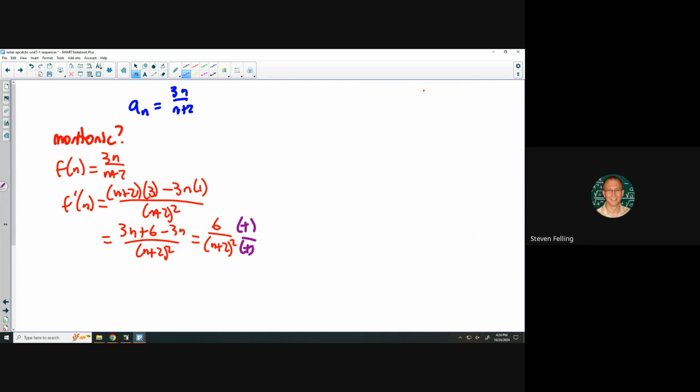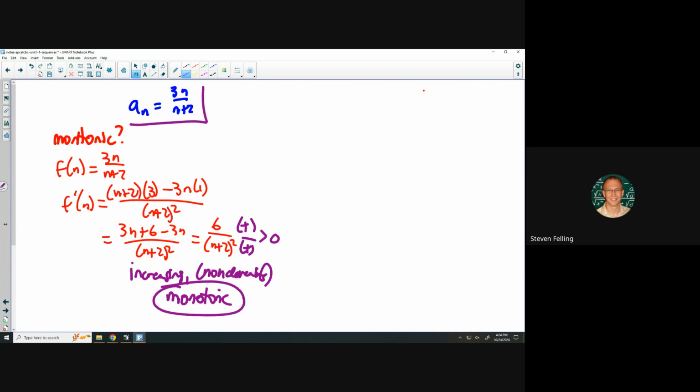A positive divided by positive is always positive. Since the derivative is positive, that means this function is increasing, which means it's non-decreasing, which means it is monotonic. So by using the derivative, we can show that this particular sequence's function is monotonic.